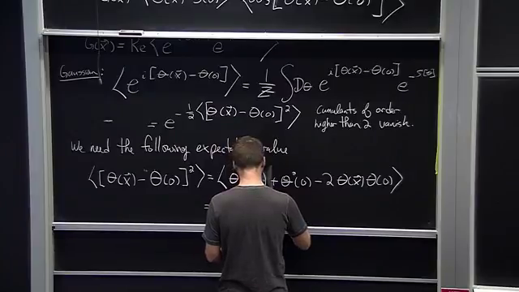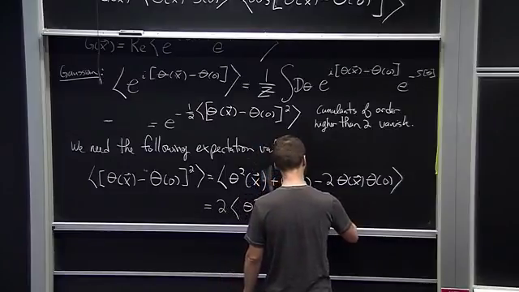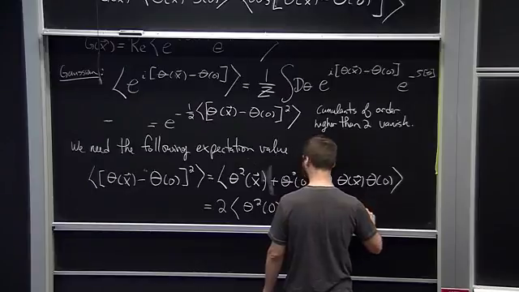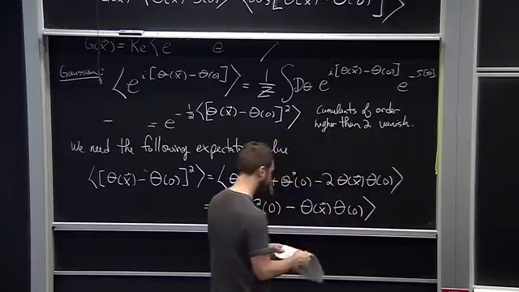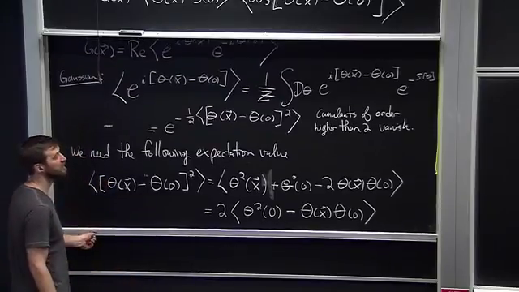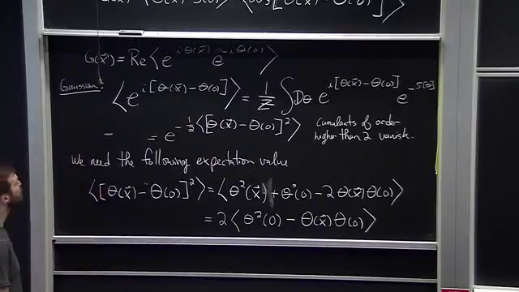X is arbitrary, so let's set it to 0. But this one has the difference, so it's theta x, theta 0. Sorry, I didn't get the cumulant expansion. So we have the expectation value of e to the power of i and this difference.